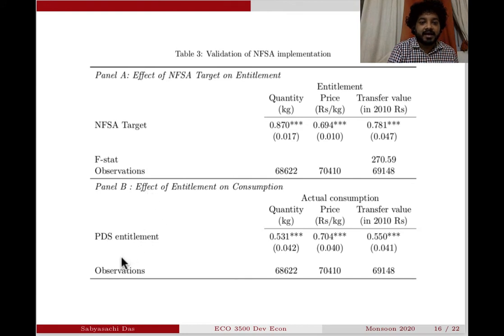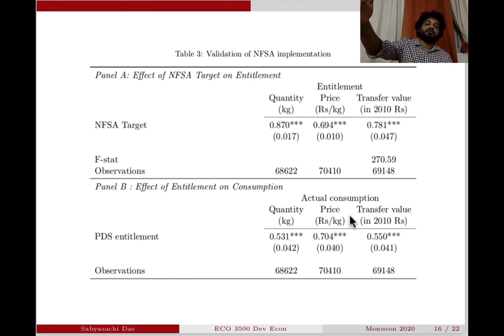And then it's checking whether PDS entitlement increases actual consumption. Okay? And there also you find a positive effect. So what does that mean? It means that there is a T actual. T actual could also be different for a particular individual. They may not consume everything up to the 5 kg.